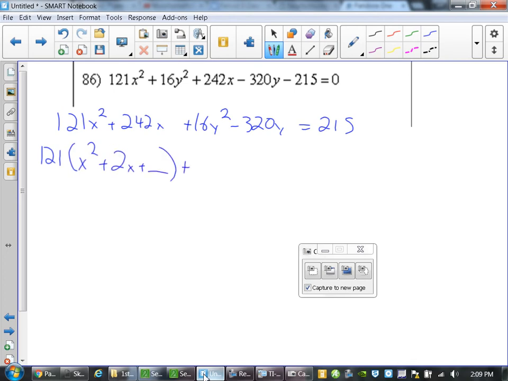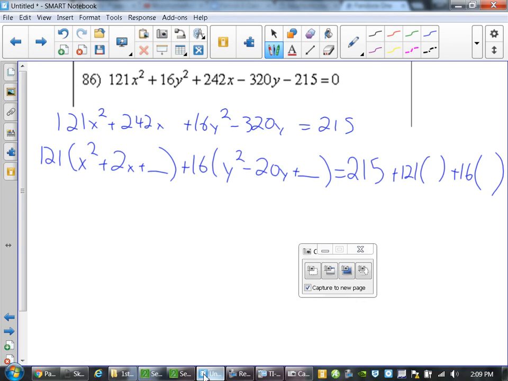Take out the 16. Add them in on the other side. What's half of 2? Square it.